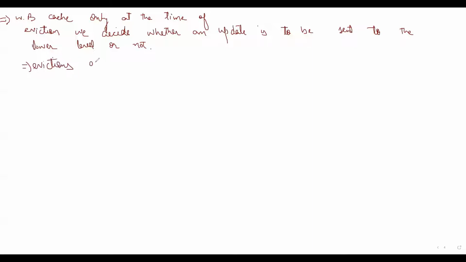Okay, so in the write back cache, evictions are expensive, because at the time of eviction we have to check whether the data has been modified or not. And how do we decide that? We have this tag entry for a cache, this tag, and this was the data array.